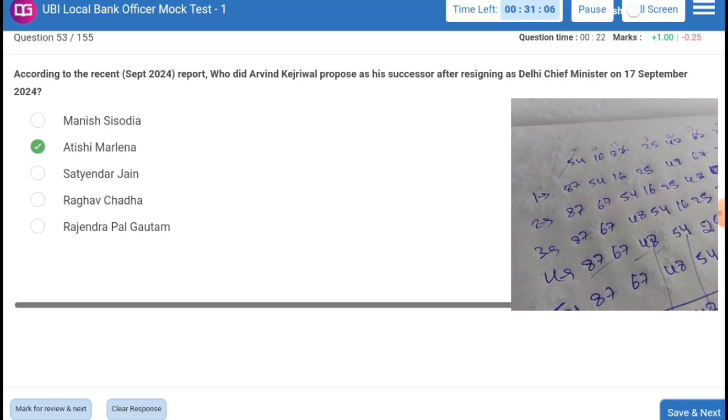According to the recent September 2024 report, who did Arvind Kejriwal propose as his successor after resigning as Delhi Chief Minister? I think Manish Sisodia or this day, I think.